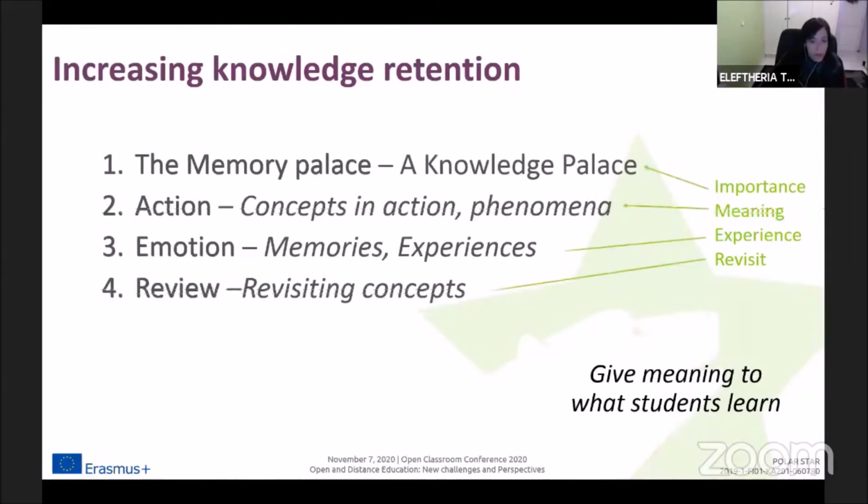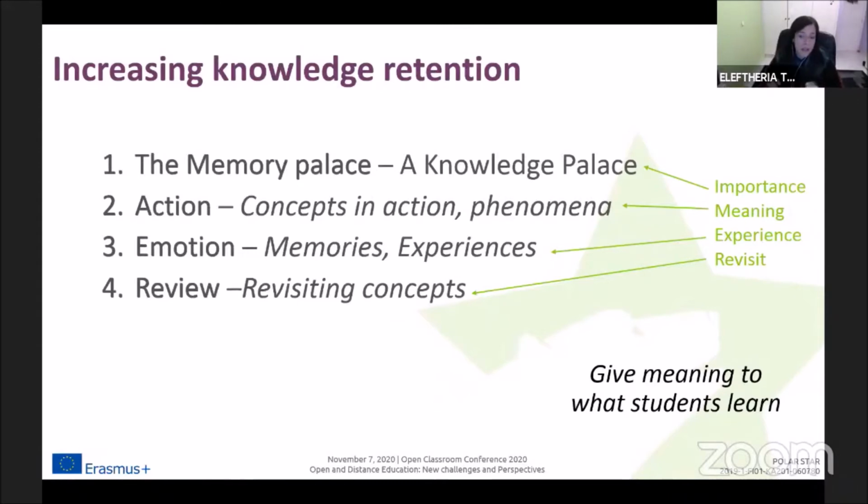So the memory palace, which we now will call a knowledge palace, is connected to importance. So we're not picking a palace based on something that we necessarily feel comfortable about, like our body or our house. But when it comes to knowledge, we're going to design the memory palace based on importance. So how important something that we're teaching is.